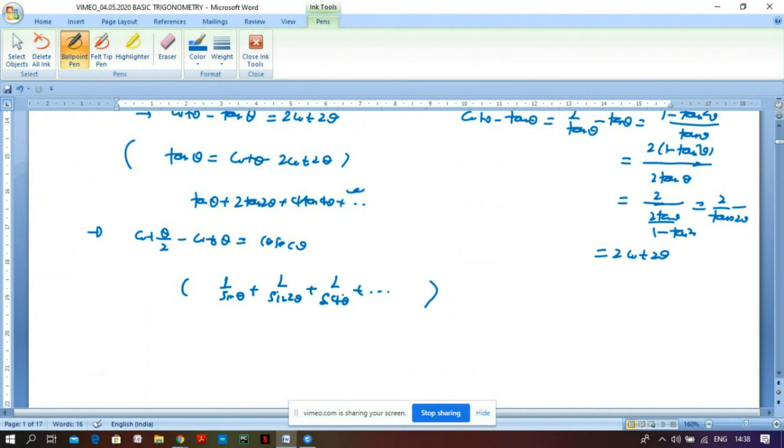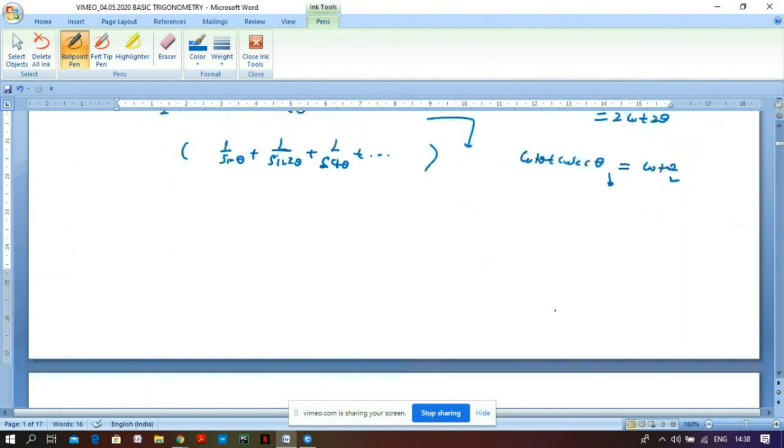Then in this summation, the useful identity is the one we have written just now. We can similarly prove it: bring cot theta to the right side and try to show that cot theta plus cosec theta is cot of theta over 2. It's an easy job. Once you bring in cos and sine, it should offer no difficulty.